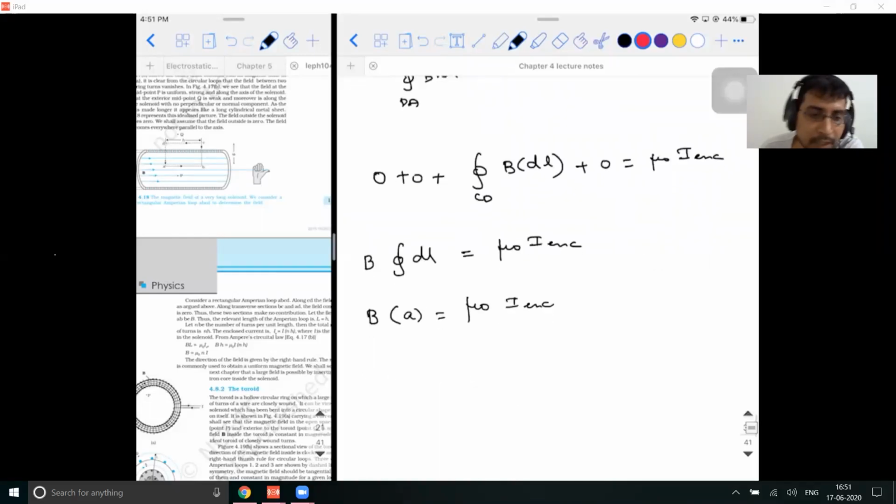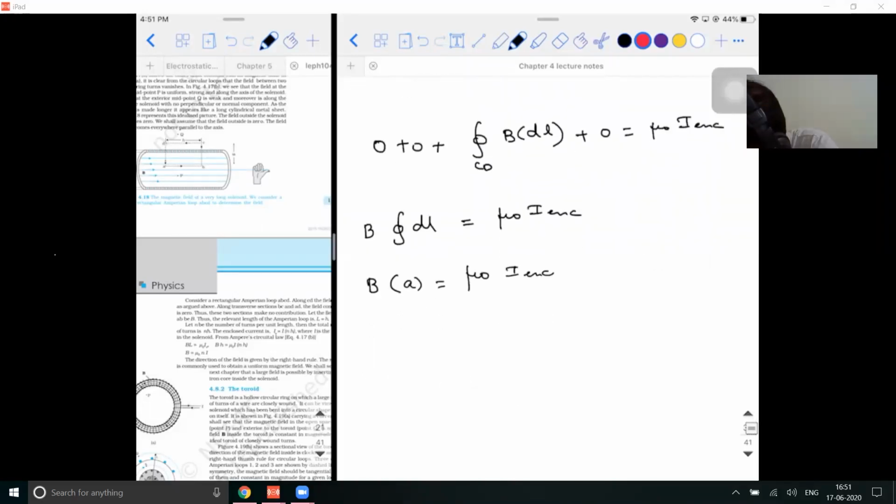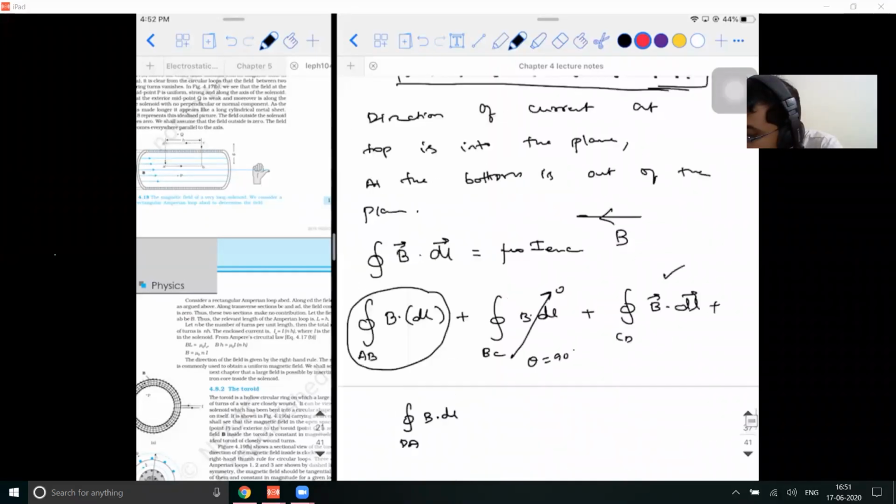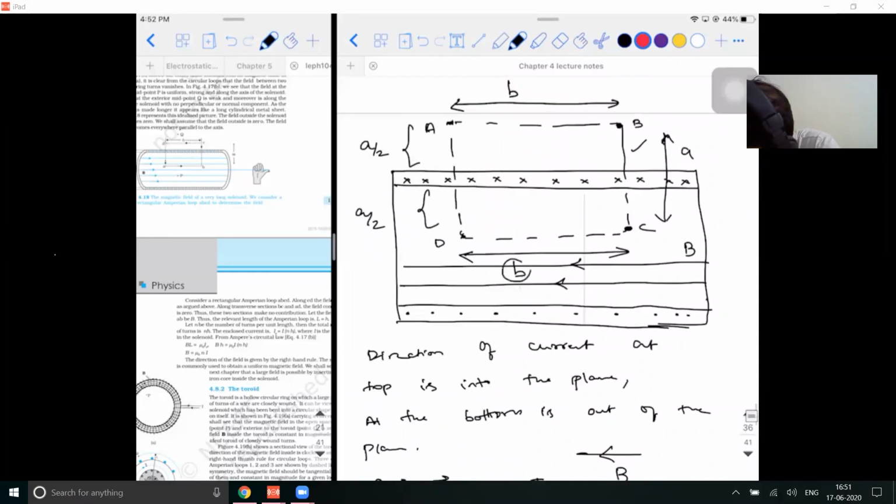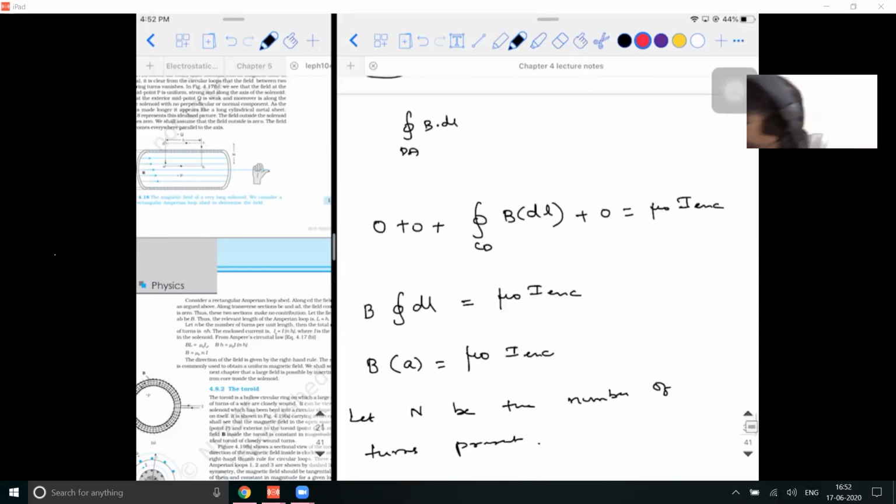So how to find I enclosed, observe this. Let capital N be the number of turns. I made a mistake, right? It is capital B into small b. This is right, this is CD. Yes sir, I'm sorry.